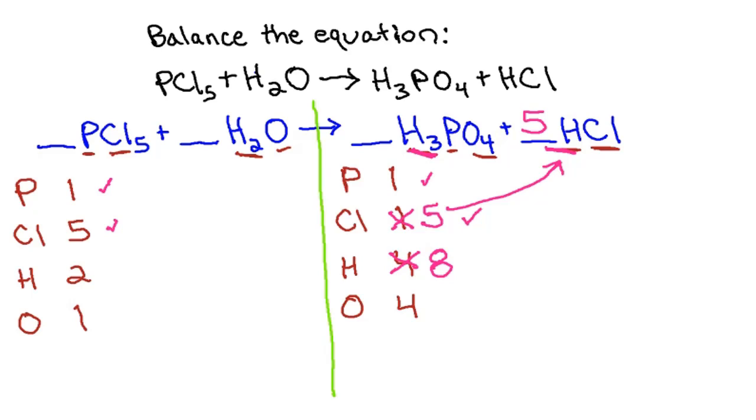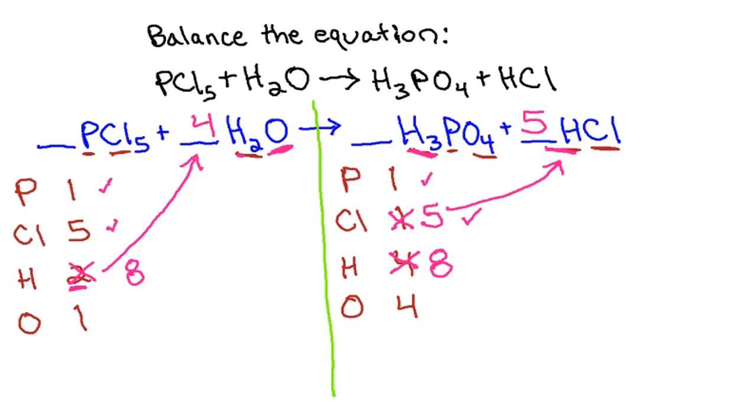So if we only have 2 hydrogens on the left, we need to change that into 8. So 2 times 4 is 8. So we're going to want to put 4 in front of this H2O. So that 4 times 2 is going to be 8. So that also changes the amount of oxygens in this H2O.